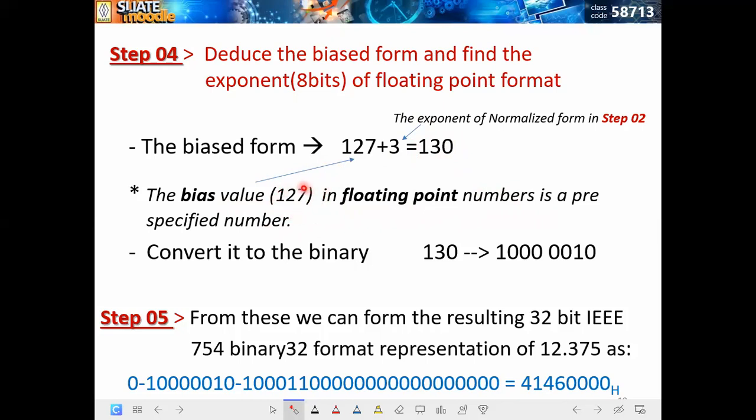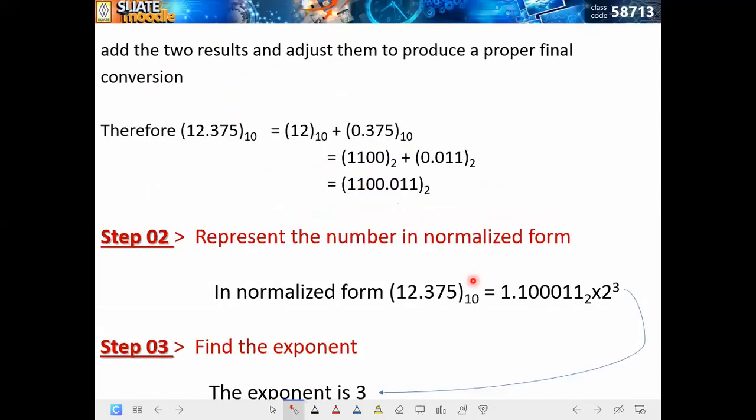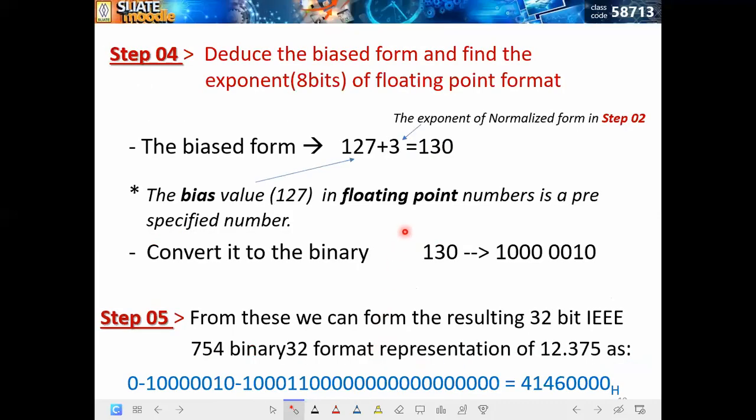You can't change this one, you have to use this one and remember 127. What we have to do in step 4 is add the exponent we got from the previous step with 127 and make the bias form value. In this example I can see 130.